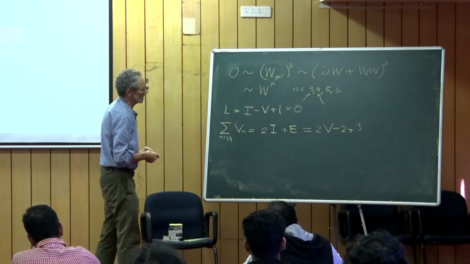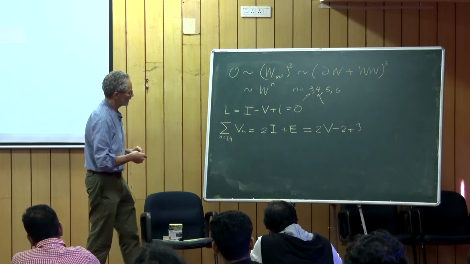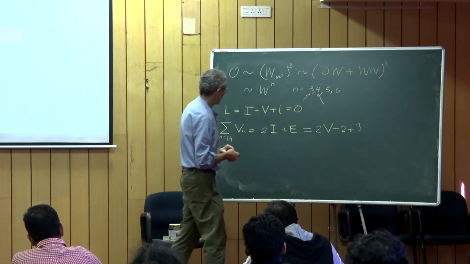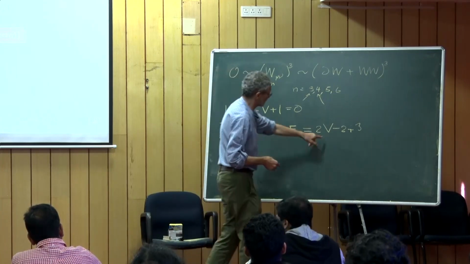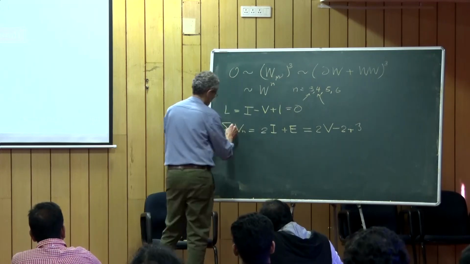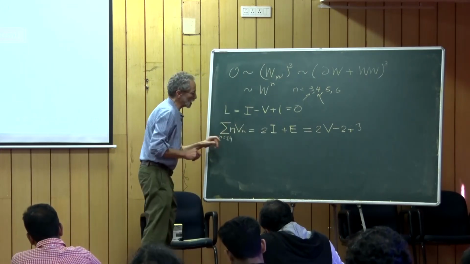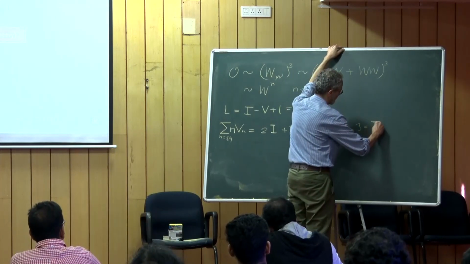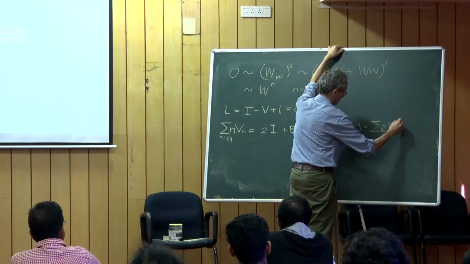What is V? V is the total number of vertices, so this is equal to 2 times the sum of V_n, plus 1.